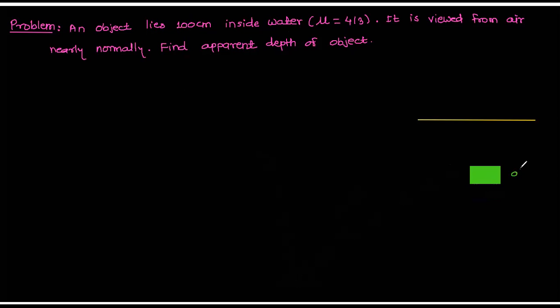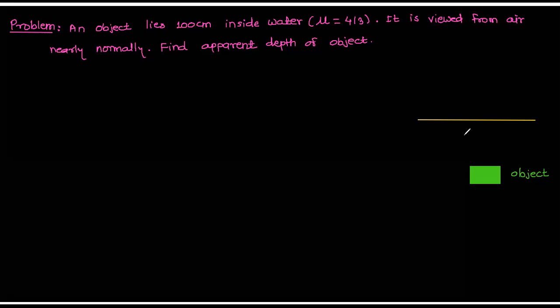This is an object, and now this is what you have to find. Apparent depth you have to find. They have given this also. This is 100 centimeter. This is your d value. This is real depth. d is equal to 100 centimeter.